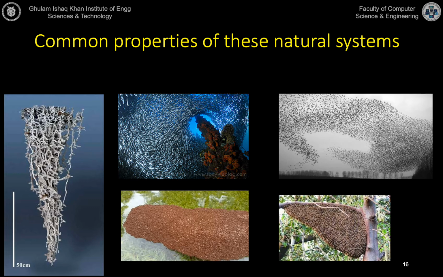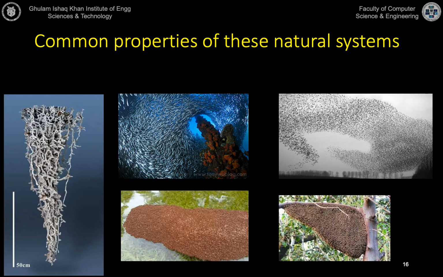Similarly, we saw the example of fire ants, where by sticking together and forming a large mass of ant balls, they're able to survive and not drown in water. And another example that we saw was of bees, where bees stick together, and by doing that they are able to accomplish a lot. So what is common among all these 5-6 different systems?